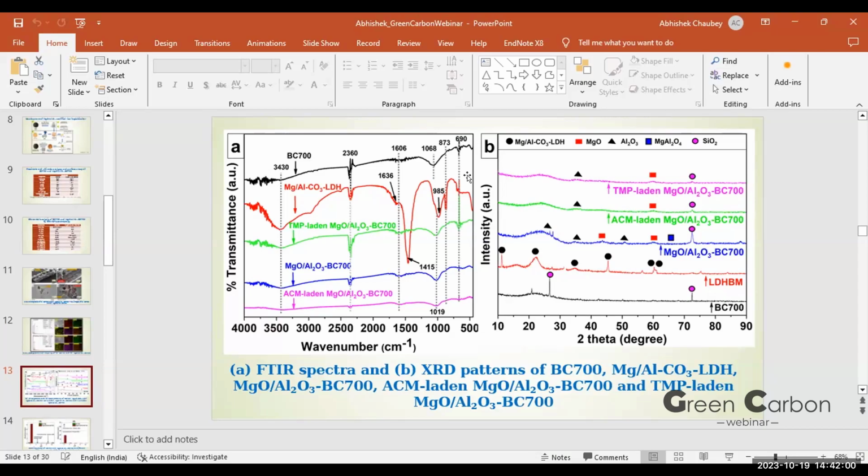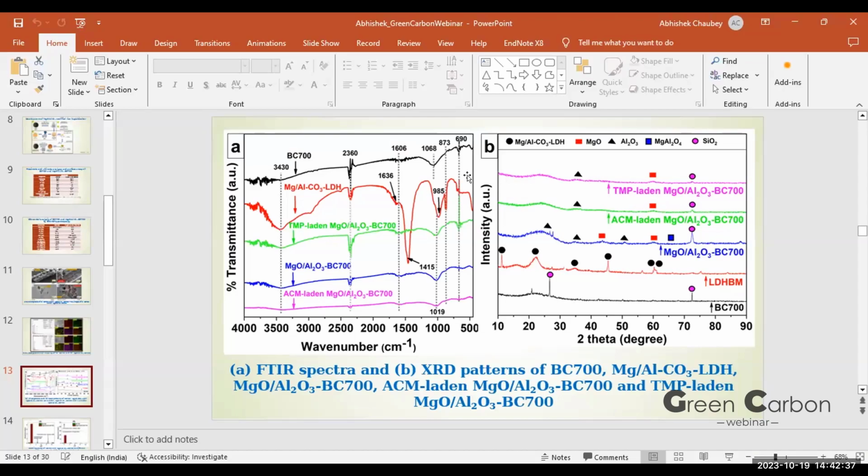After pyrolysis, these bands were removed because at a higher degree of pyrolysis, the carbonate becomes CO2, and the water also evaporates. After the adsorption of ACM, short for acetaminophen, and TMP, for trimethoprim, the spectra become more planar because they have taken the place at the upper surface. So we couldn't see that many functionalities.